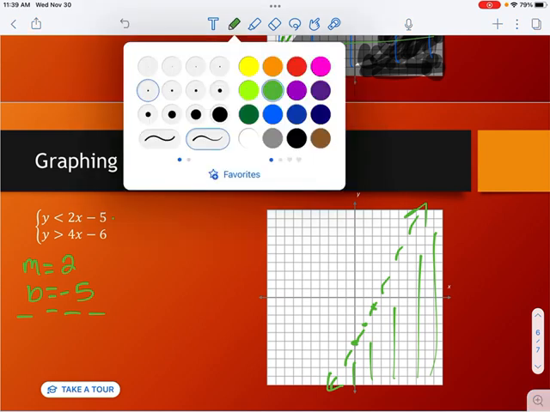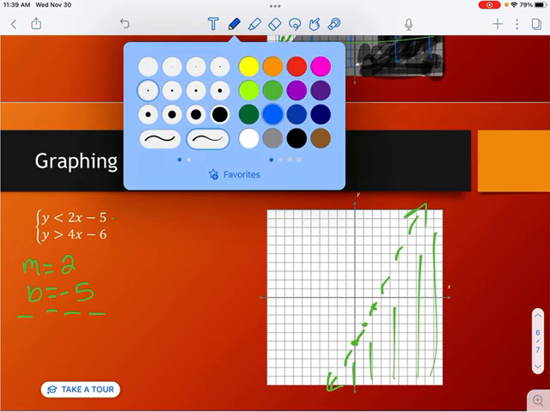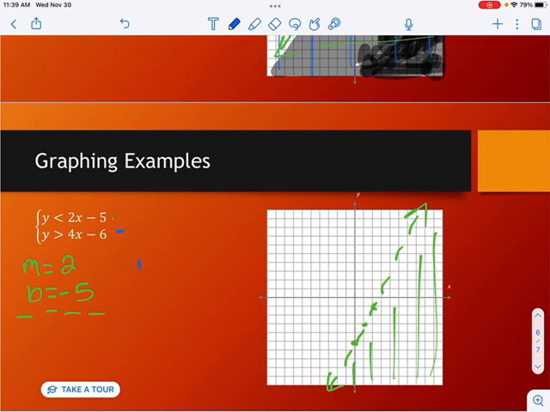My second equation is going to be a slope of 4, a y-intercept of -6, and that also is a dotted line. So I come down here to -6. From there I go up 4, right 1, up 4, right 1. It's going to be this line here.